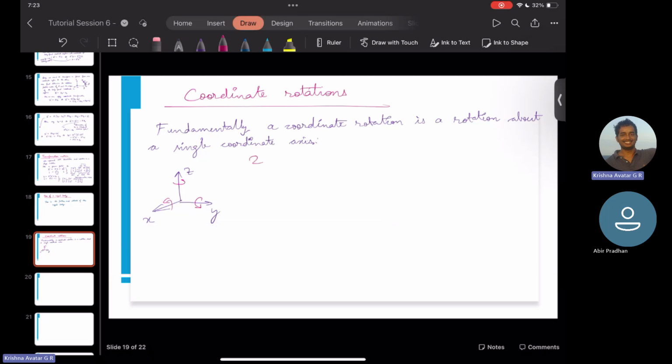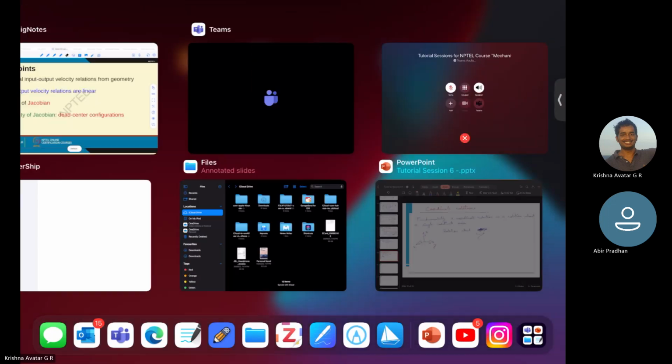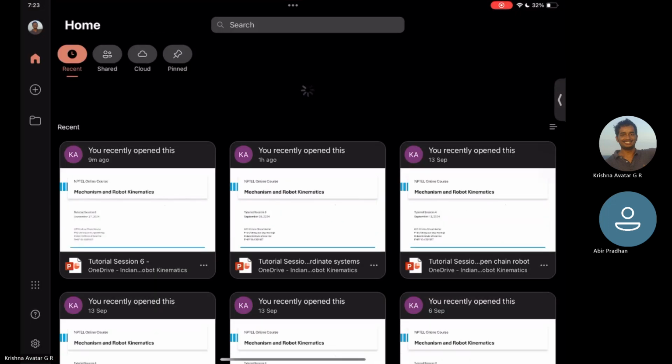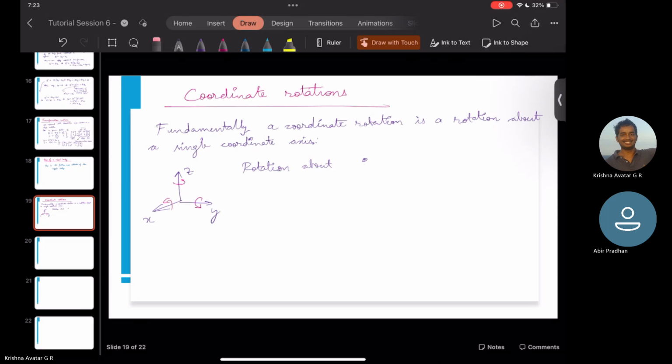And we'll denote rotation about the x-axis with 1.